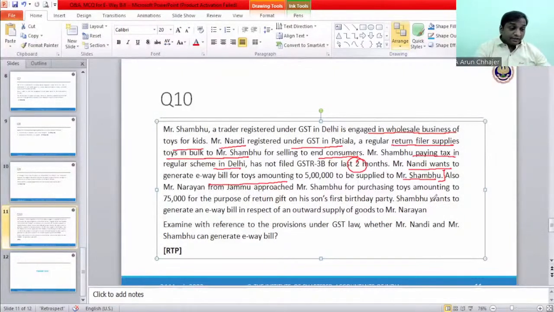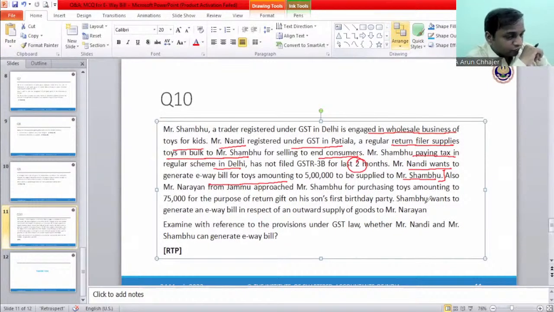Is it possible to generate the e-way bill? Rule 138.3, Sirisa, right?